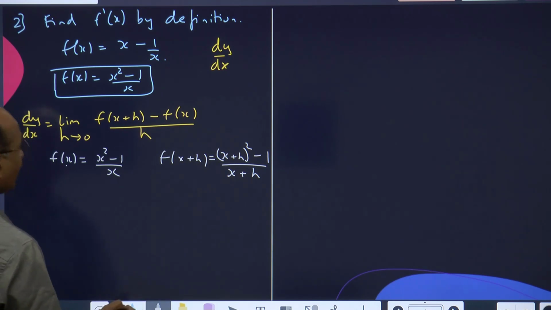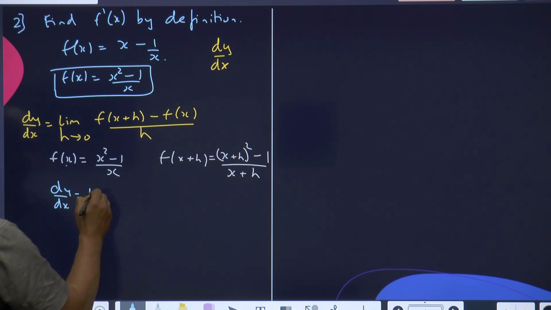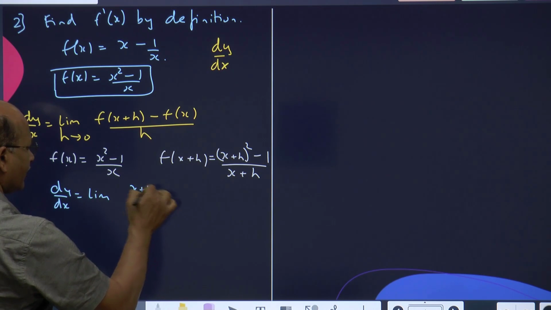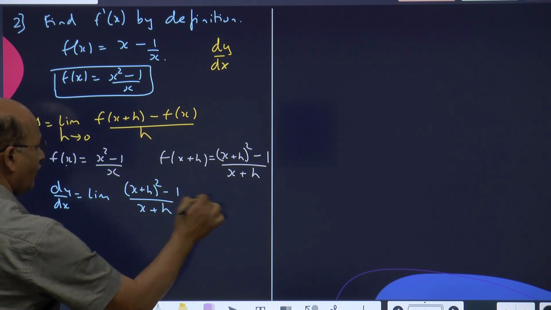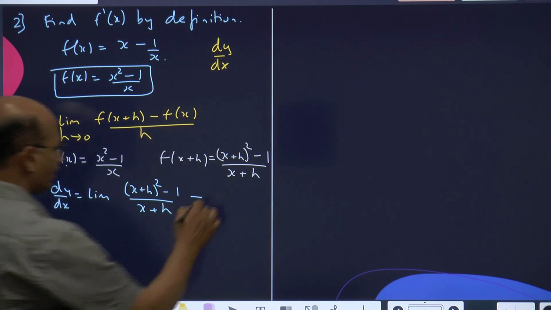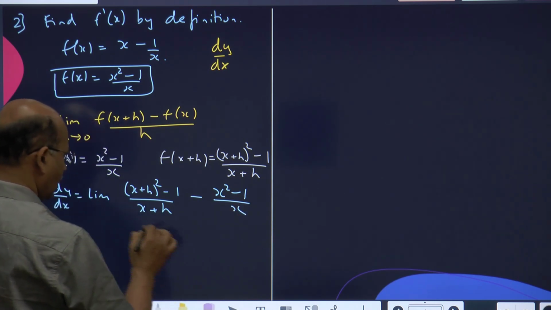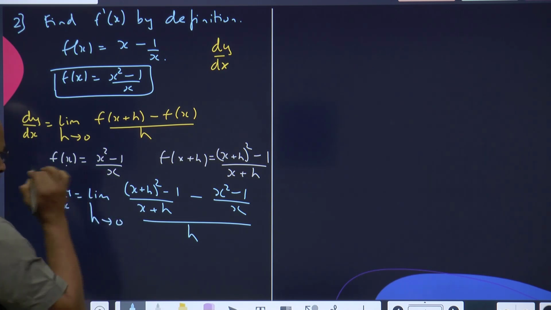So what happens now? Let us see. dy by dx is the limit of f of x plus h, make a note, x plus h whole square minus 1 upon x plus h, minus f of x. F of x is already given here, this is x square minus 1 upon x, all upon h as h approaches 0.